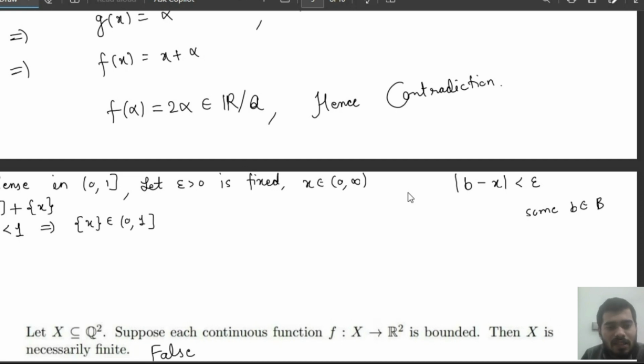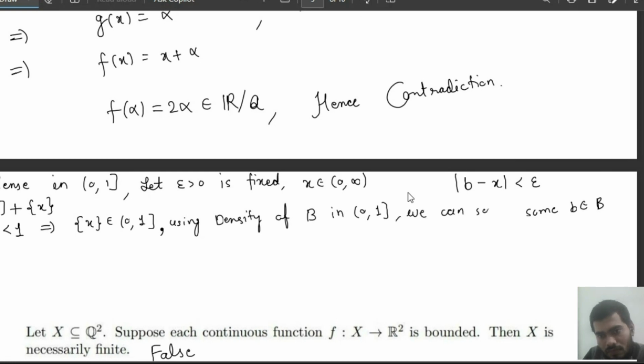Now by density of B in this interval, we can say that there exists some b1.